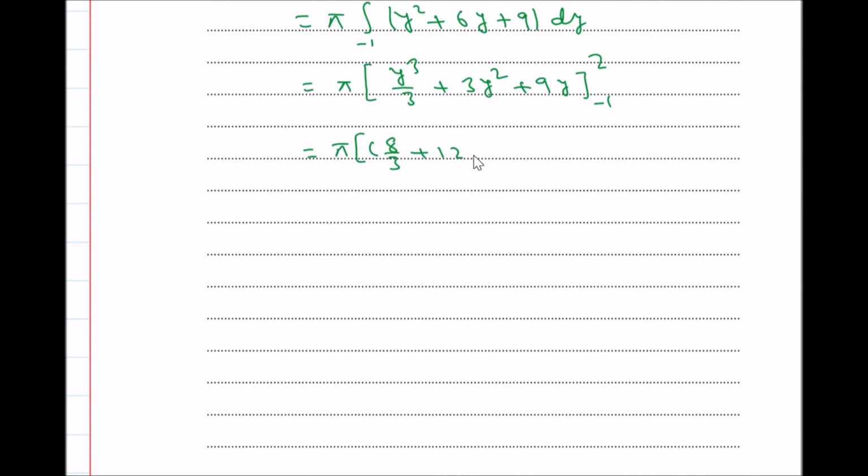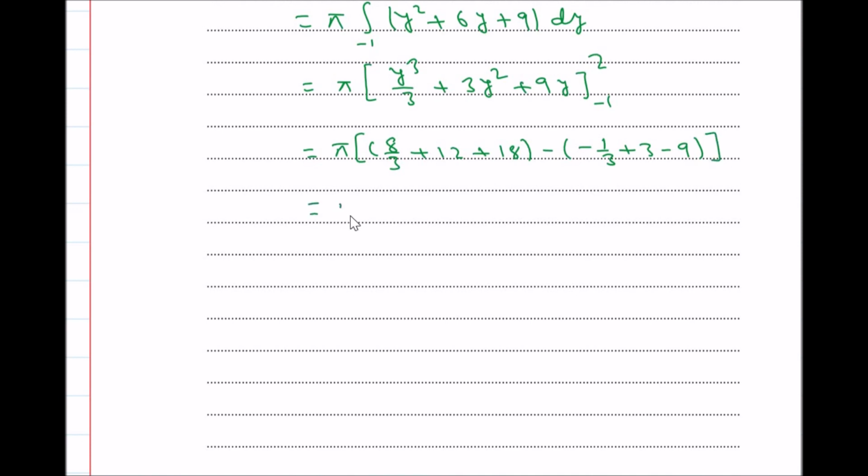So 12 plus 18. Okay. Then now substitute minus 1 for y. So we get minus 1 by 3 plus 3 minus 9, close the bracket.